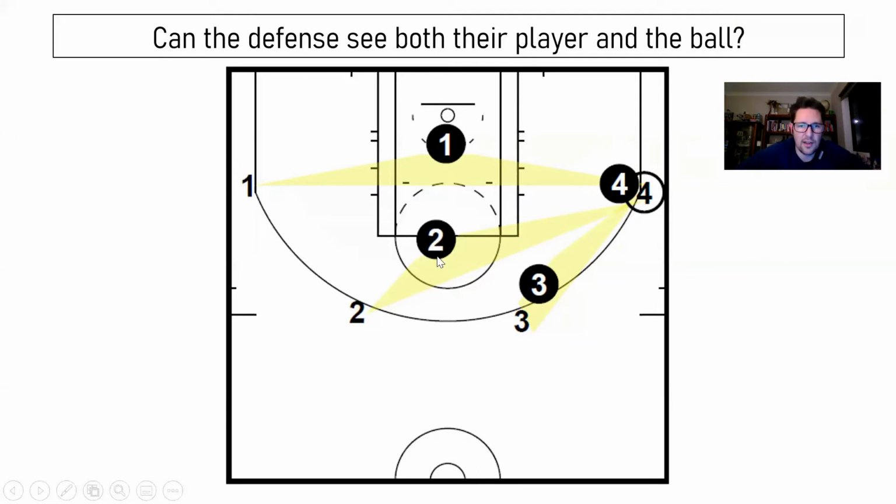Player number 2, if they come up towards the nail head up here, that would be bad positioning because they can't see both the player and the ball. So when you come to these split line positions, where it's a low split down here under the basket or the high split with your pistols out, you've got to be able to see your player and the ball, seeing both. All right, and the same goes for player 3, and of course player 4.